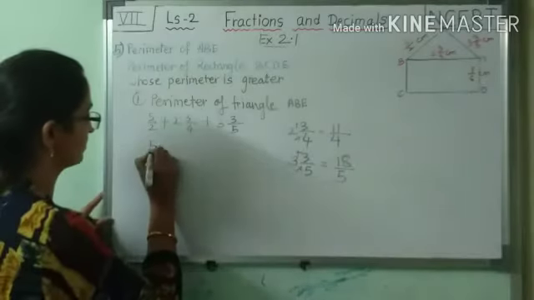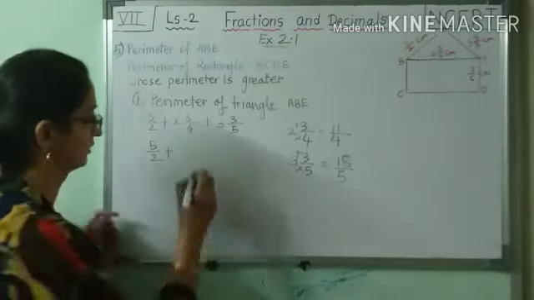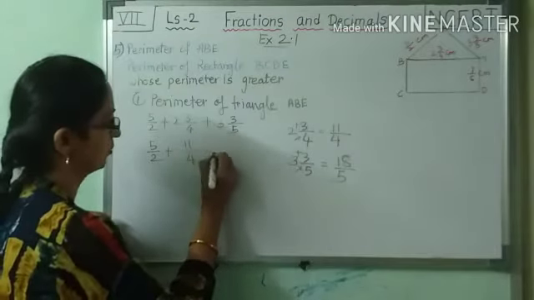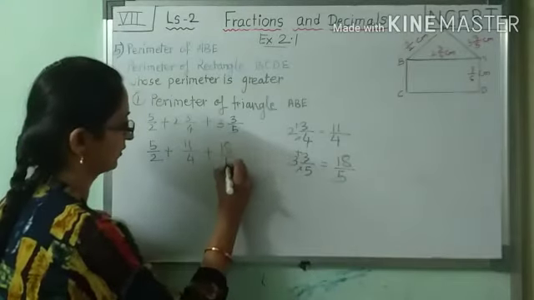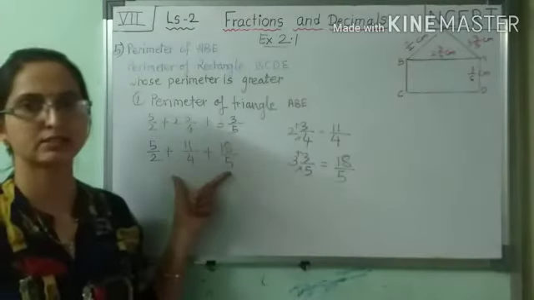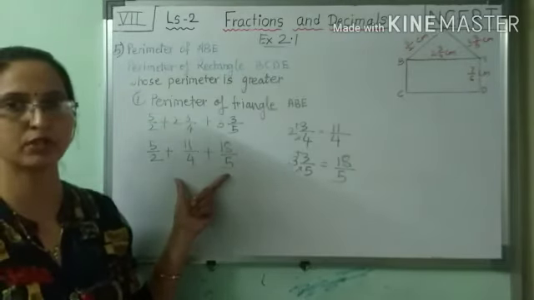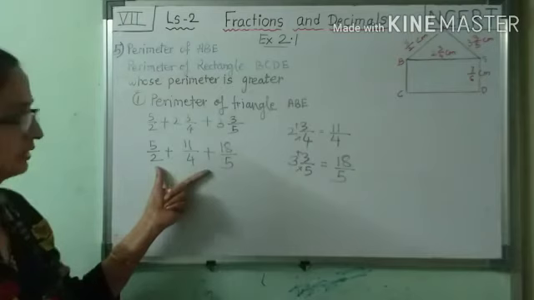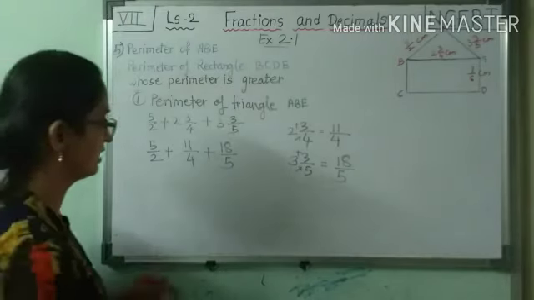Now write the first fraction 5/2 plus the second fraction 11/4 plus 18/5. Now add these 3 lengths, but these are unlike fractions. We have to convert them into like fractions. For conversion, we require to calculate the LCM. So what is the LCM?